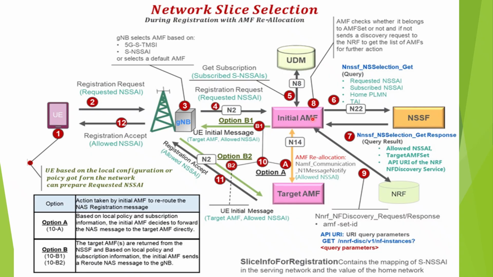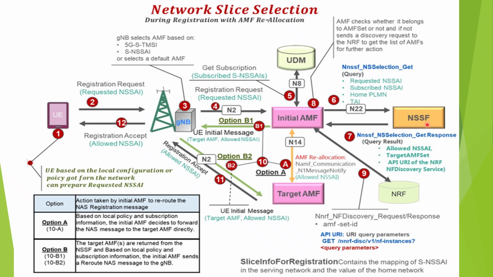From the initial AMF, it sends the request through the N22 interface to the NSSF. The information available in this request is the requested NSSAI, subscribed NSSAI, home PLMN and TAI.